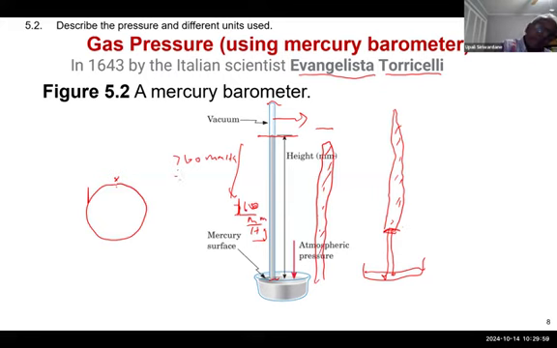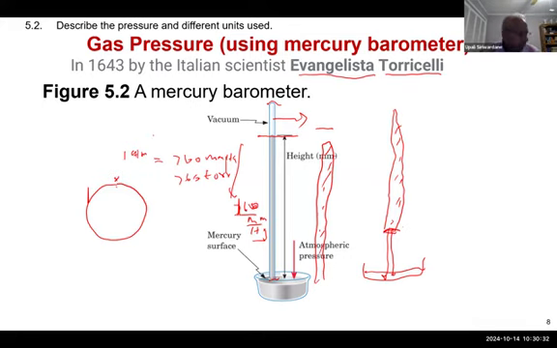This is also called 760 torr. So this discovery allows us to measure atmospheric pressure. This 760 torr or millimeter mercury is called one atmospheric pressure.